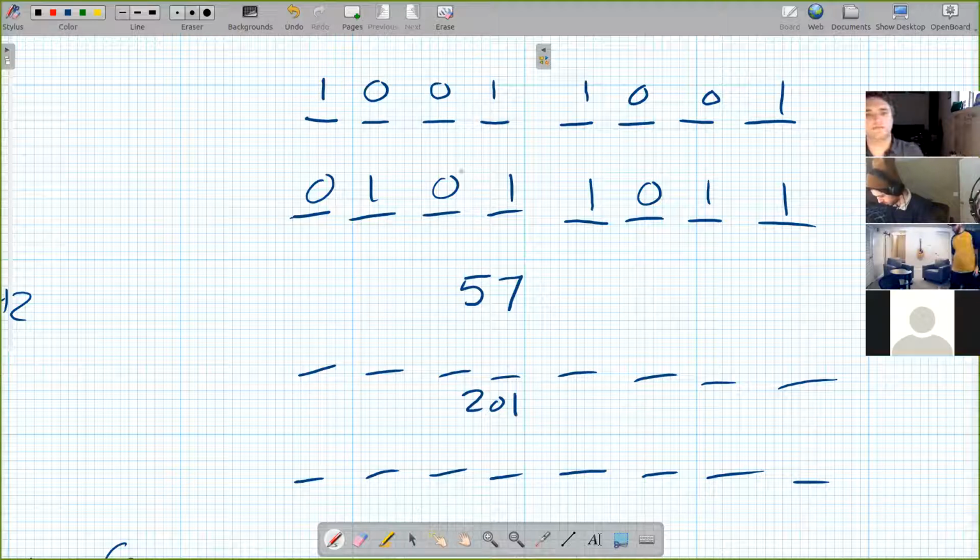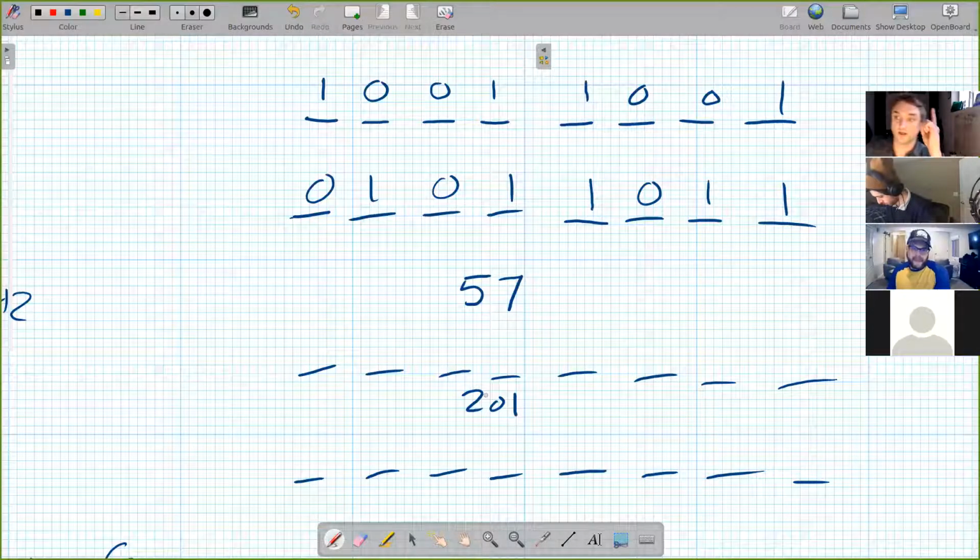See if you can turn these binary numbers into decimal numbers, and these decimal numbers into binary numbers. Go.